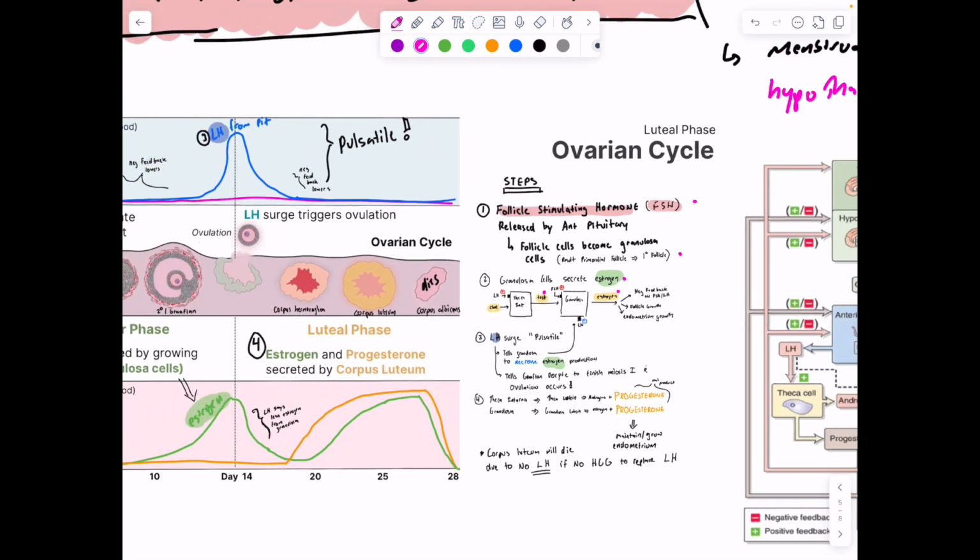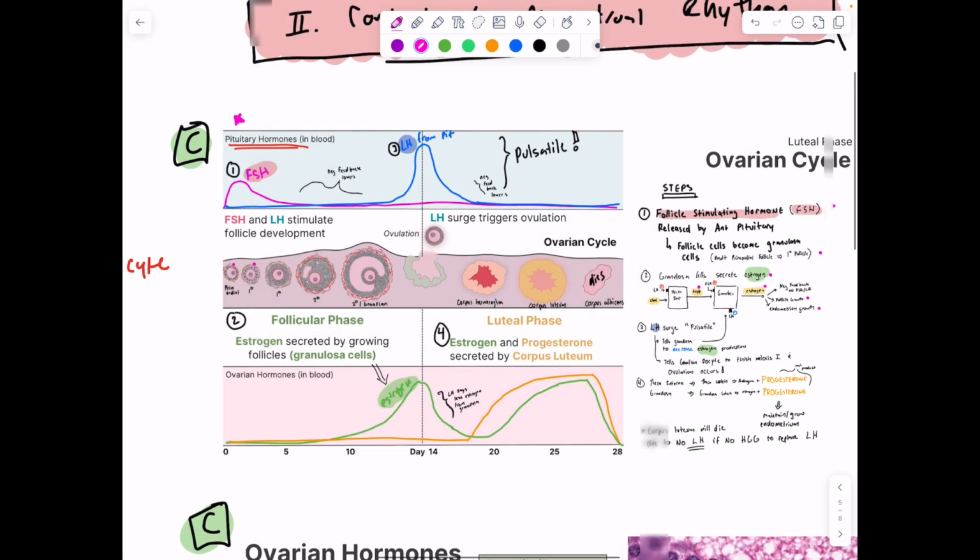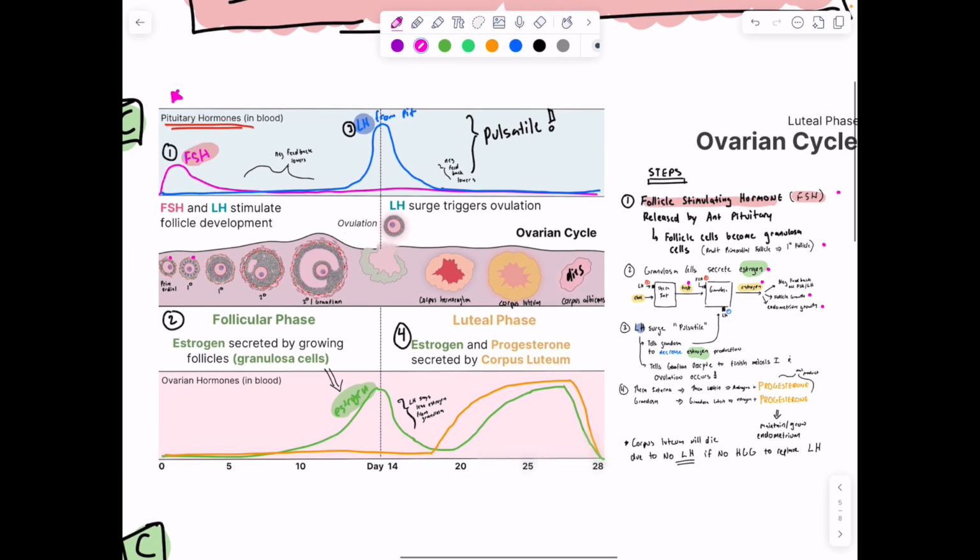That estrogen is going to increase follicular growth, endometrial growth, and as part of the continued growth of the follicle, we're also going to have the theca interna created from the stroma around it, and then the theca interna will take in cholesterol under the influence of LH and produce testosterone.